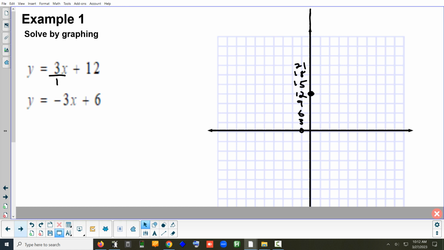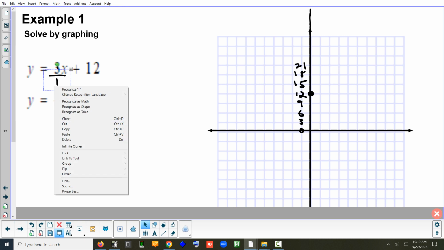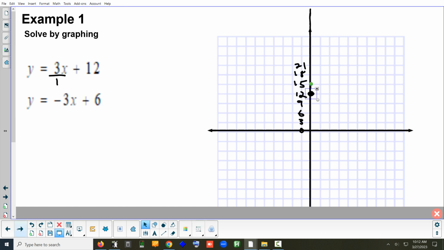Because what are the two words that we use when we describe slope? We say the blank over blank. Yeah, rise over run. The rise is 3. The run is 1. So we need to go up 3 and right 1. I'm at 12.